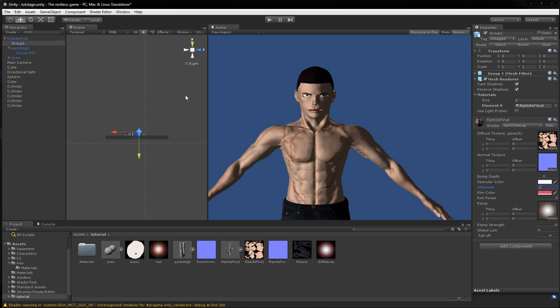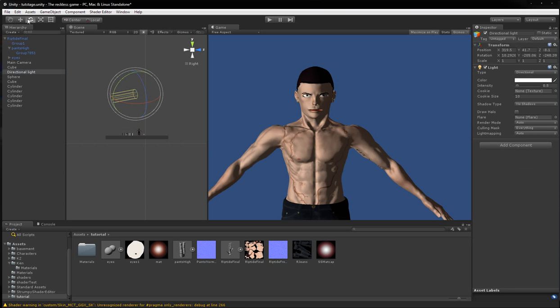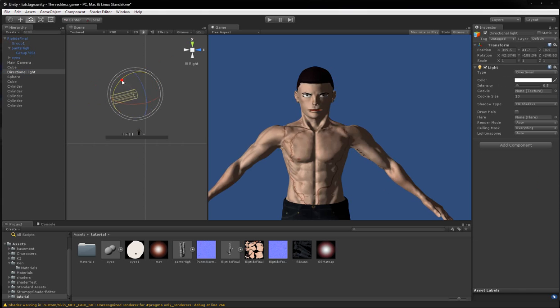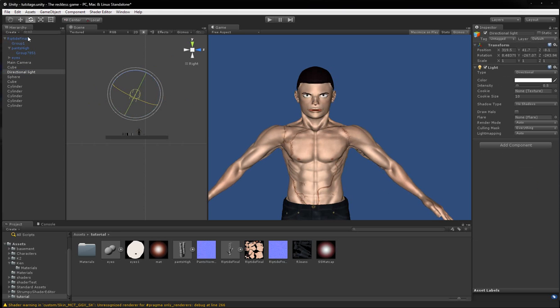So, as you can see, the roughness or smoothness can be thought of as representing the microfacets.